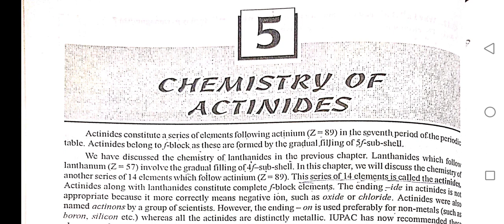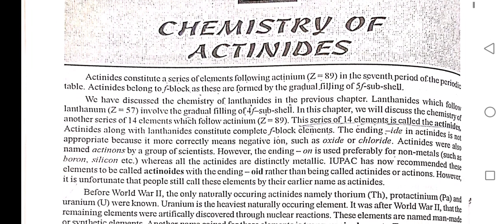The ending "ide" in actinide is not appropriate because it more correctly means a negative ion such as oxide or chloride. Actinides were also named actinones by a group of scientists.